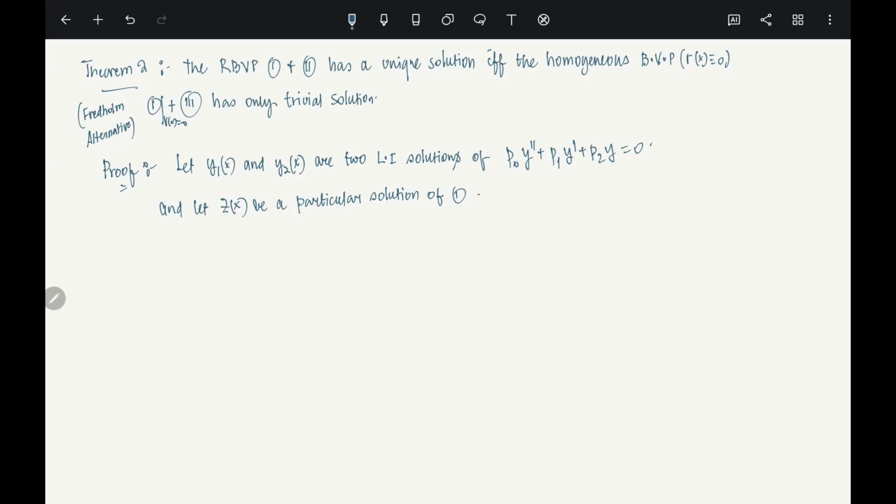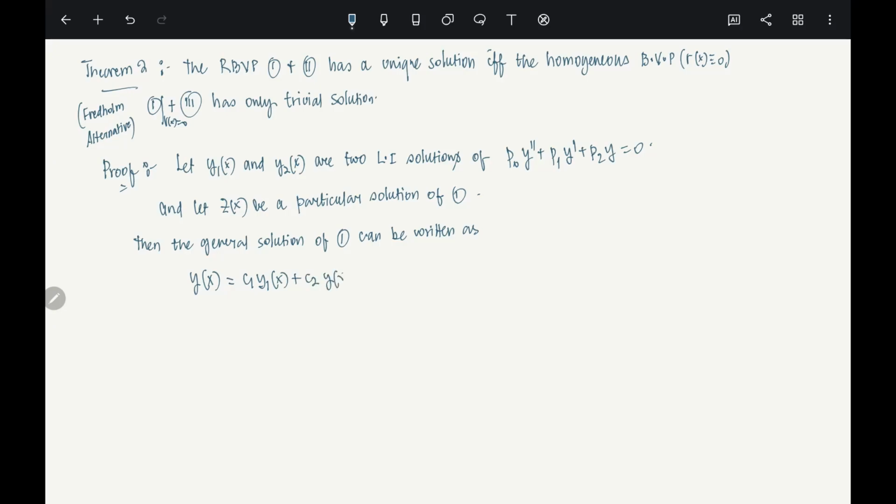Then the general solution of 1 can be written as y of x equals c1 y1 of x plus c2 y2 of x, plus z of x.